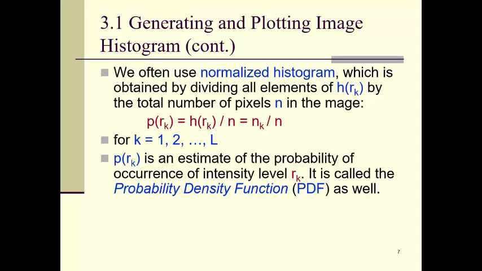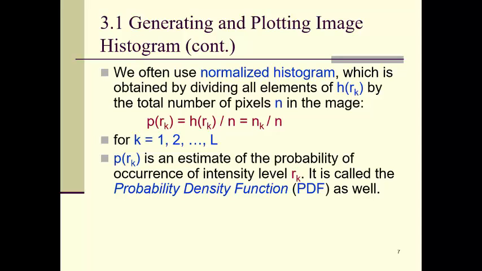If I have a grayscale image of size R rows and C columns, and I found that my histogram has a shape like this, with intensities 0, 1, 2, up to 255, so this is the histogram of the image.